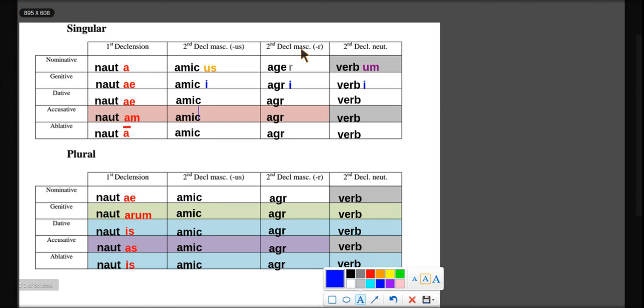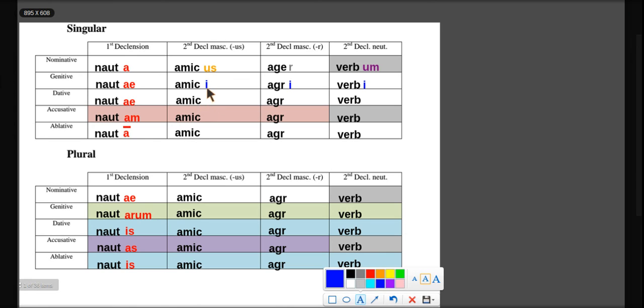Now we have R nouns that do not have a stem change and R nouns that do. I have chosen one of the second declension masculine R nouns that does have a stem change, ager, agri, which is field. Then you also have second declension neuters, which always end in um. Here we have verbum, verbi, which means word.